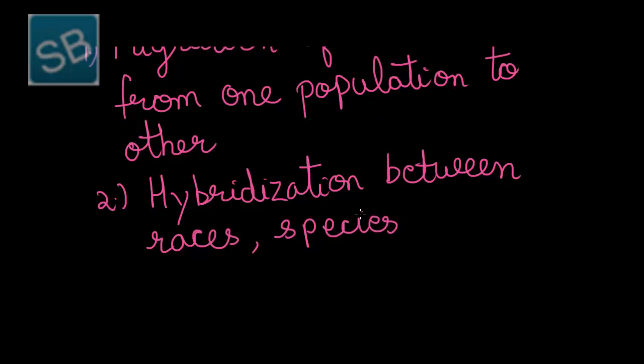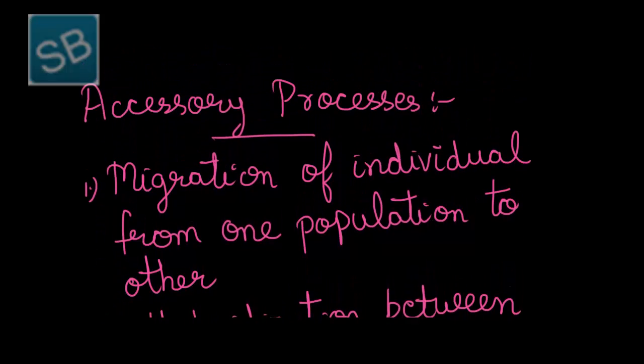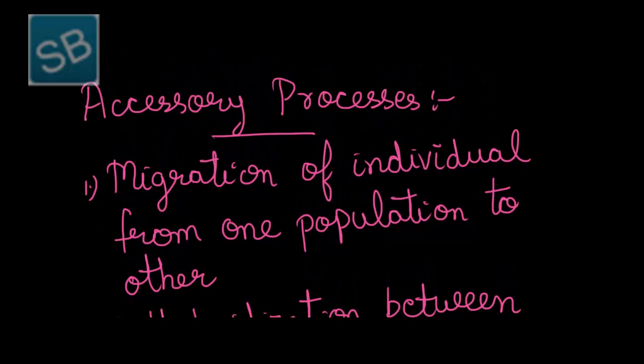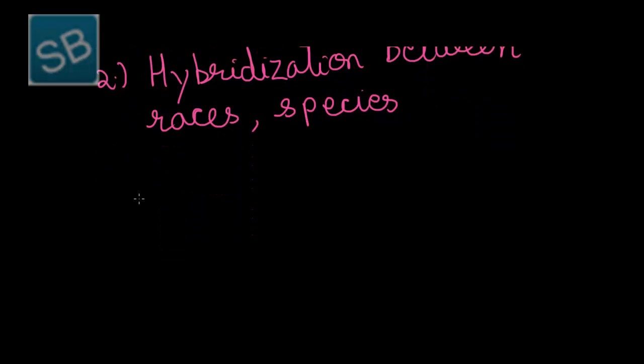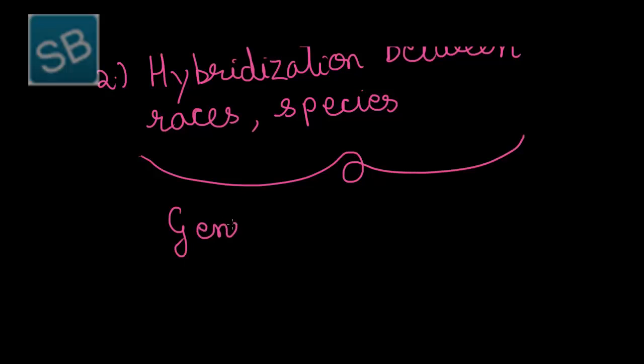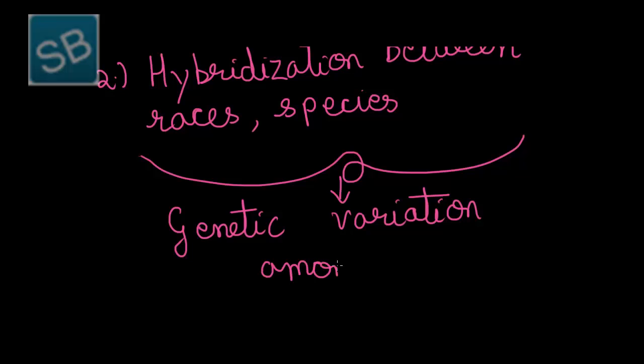Thus, these two come under the necessary processes of the modern concept of evolution, though necessary but not as essential as the previous five factors that are responsible for genetic variation and the evolutionary process. However, these two necessary processes also create genetic variation among individuals.